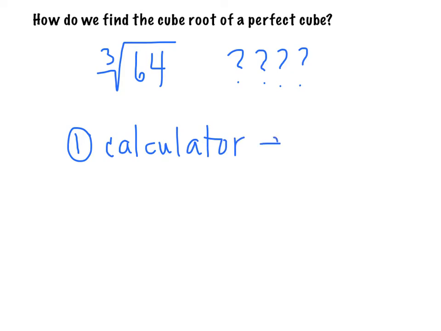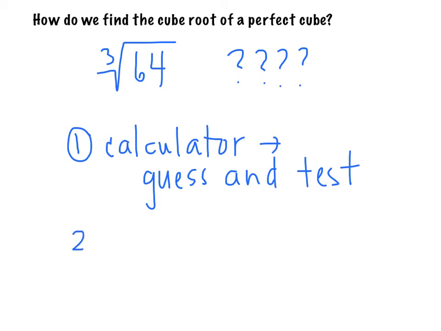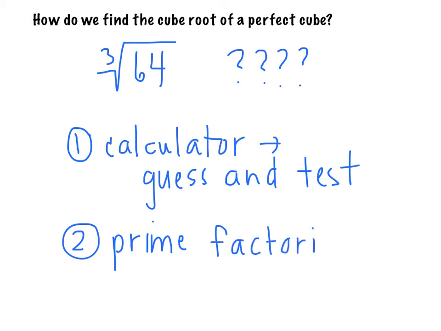And when you use that calculator, basically what you're doing is guess and test. You're going to estimate what you think the number is going to be, and you're going to multiply it by itself and then by itself again to see if you get to 64. The second way would be to use prime factorization, which may in some cases be a little bit quicker.